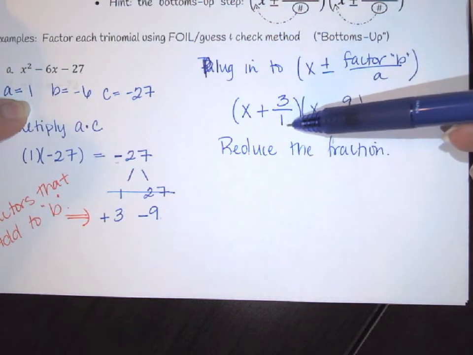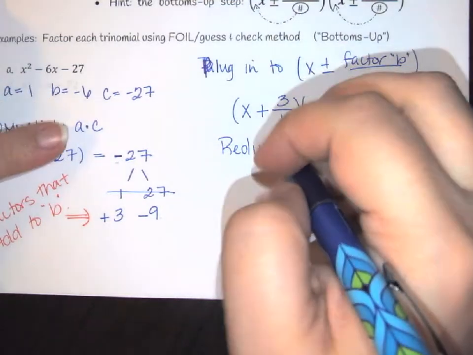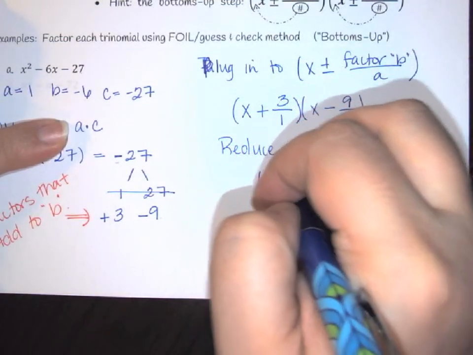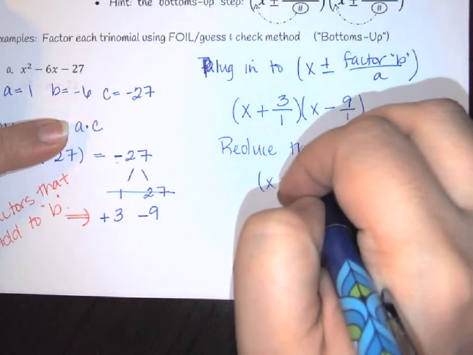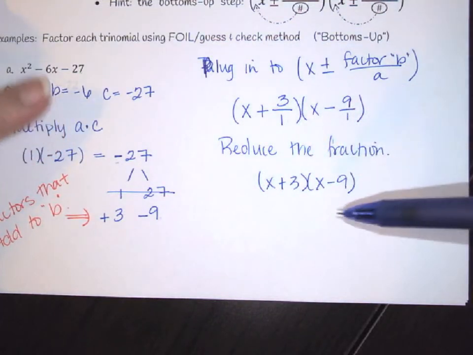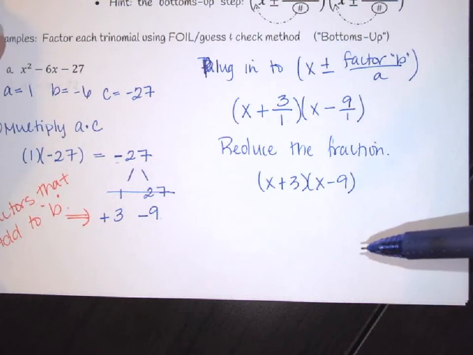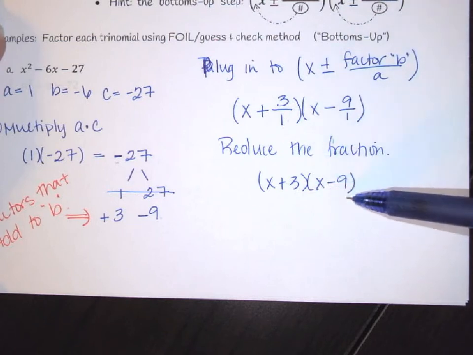Here 3 over 1 becomes a 3, 9 over 1 becomes a 9. So in this case I end up with x plus 3 times x minus 9. And I have nothing else in my denominator, therefore I'm done. There is no bottoms up to do because I don't have any denominators left.